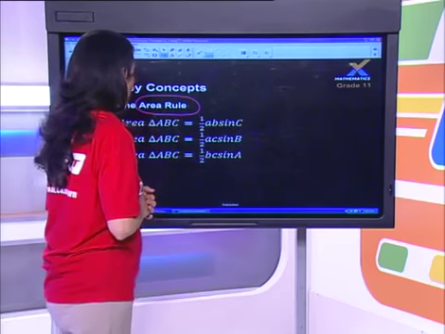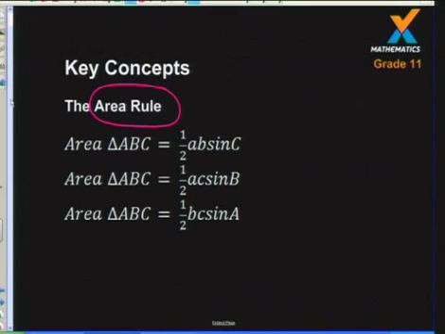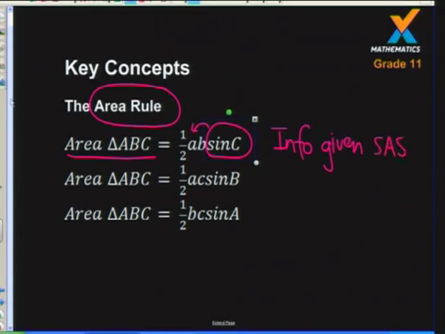And the way that the area rule works is it's got the sine of an angle, whose position is going to be between the two sides. So there are going to be some specifications on how to calculate the area, and that is that the information must be given in a side angle side format.